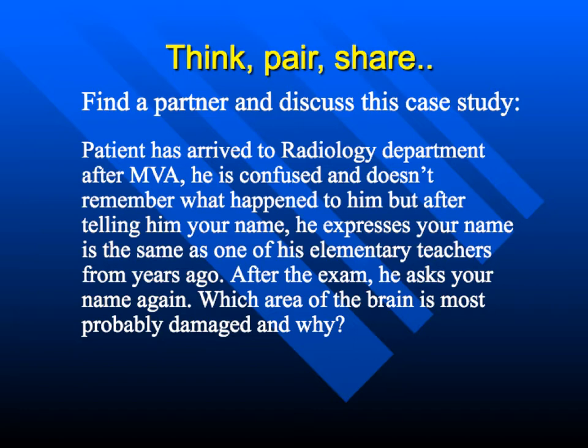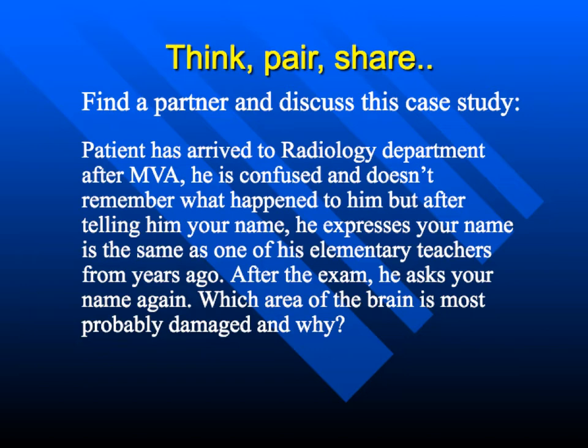So right away you know that he remembers something from the past. After the exam, he asks your name again. So within a short period of time, he forgot your name. Which area of the brain is most probably damaged and why? This is what you need to think about a little bit before I go to the next section.